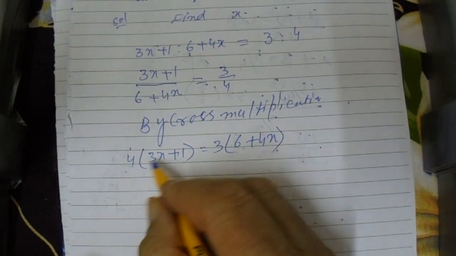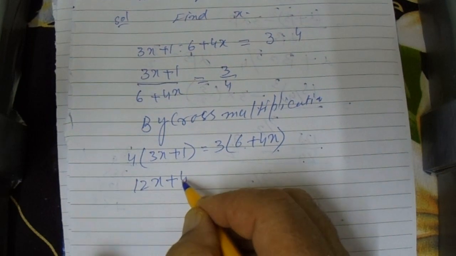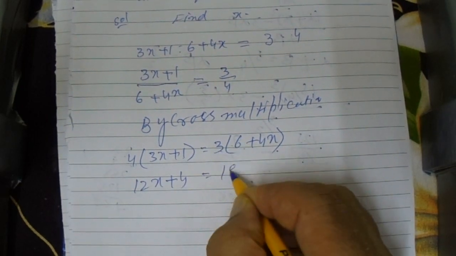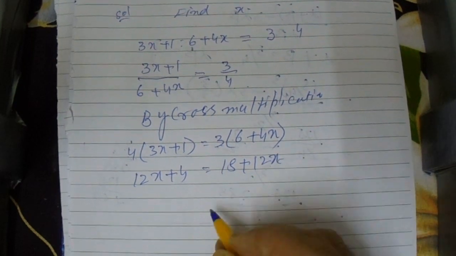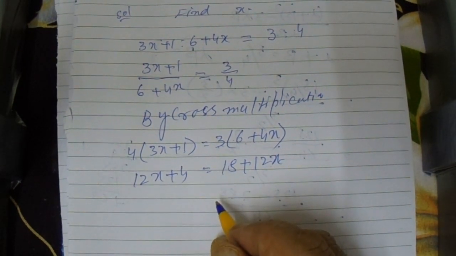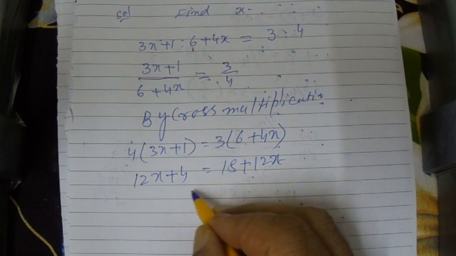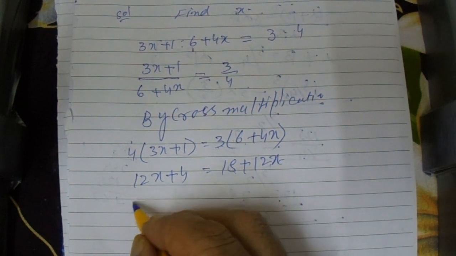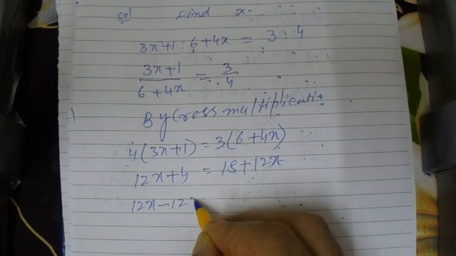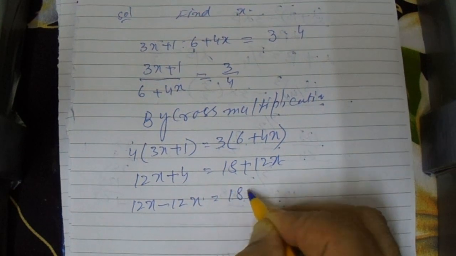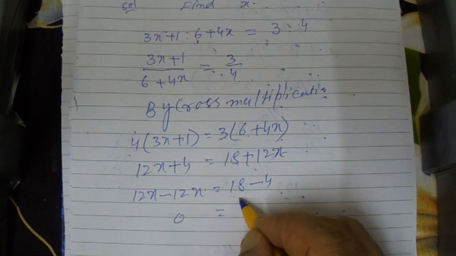We multiply this. 4 3s are 12x plus 4 1s are 4 is equal to 3 6s are 18 and 3 4s are 12x. Now we write this 12x to the left side. 12x minus 12x, x is equal to 18 minus 4, and 0 is equal to 14.